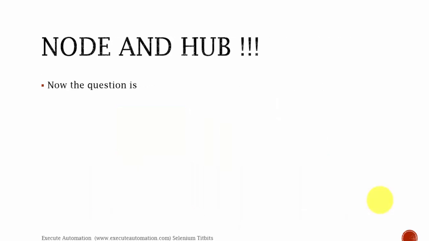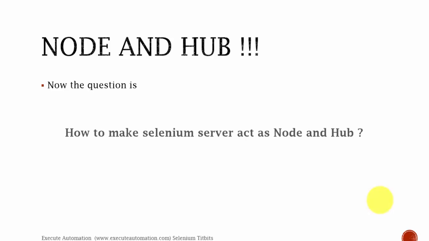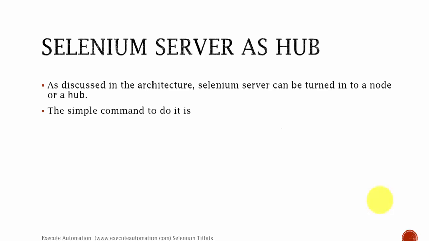So node and hub. Now the question is how to make the Selenium server act as a node and a hub, because we don't have separate jar files for a node or a hub. Basically both of them are pretty much the same. So how to make them a node and a hub?